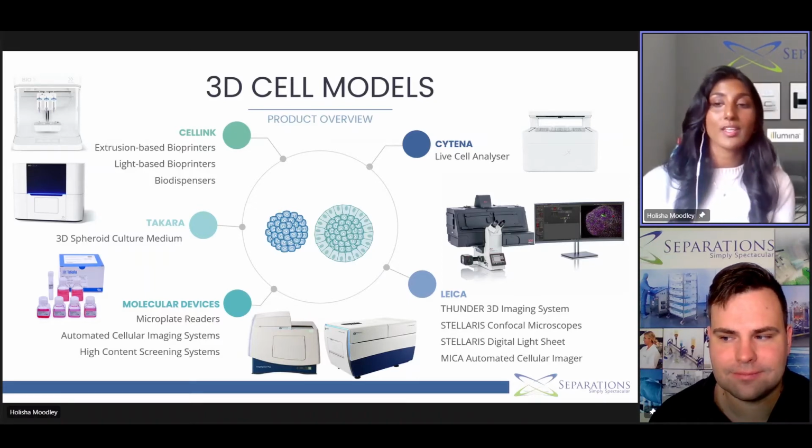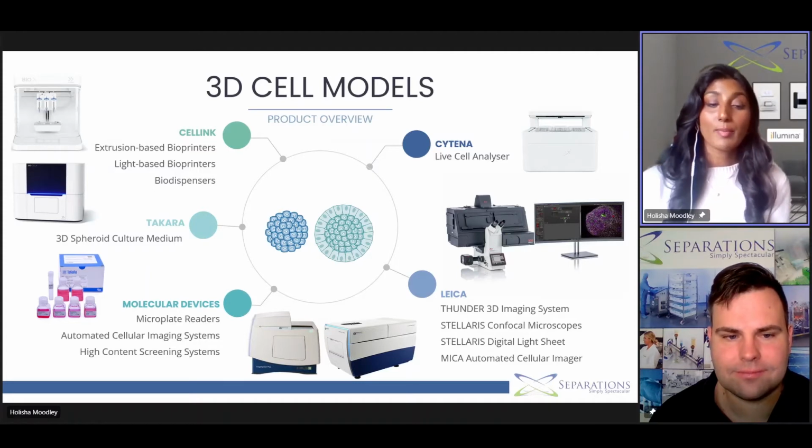This allows you to then do Z-stacks and then look at a full imaging of your entire 3D model. We're able to offer digital light sheet. This is high resolution of your 3D models. This is also applicable in many different aspects of 3D modeling, and also automated cellular imaging systems such as Tamika.